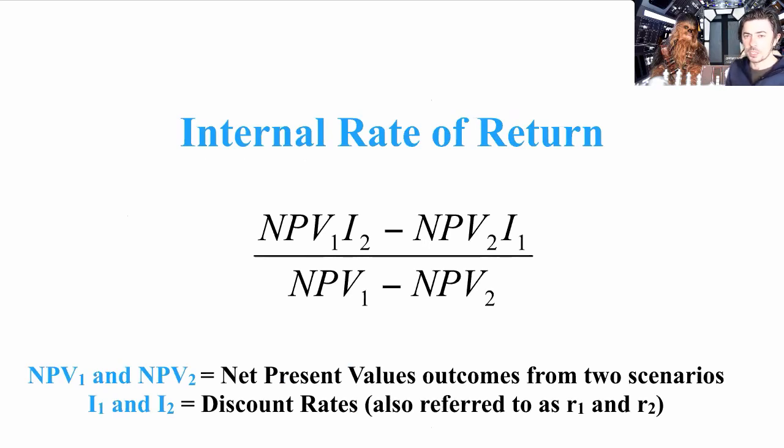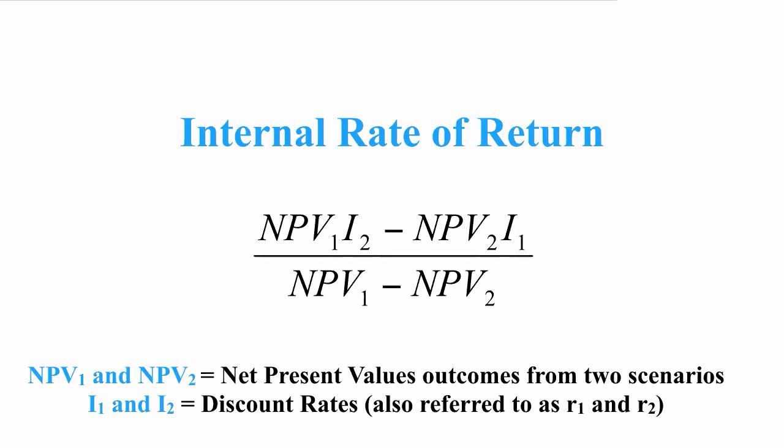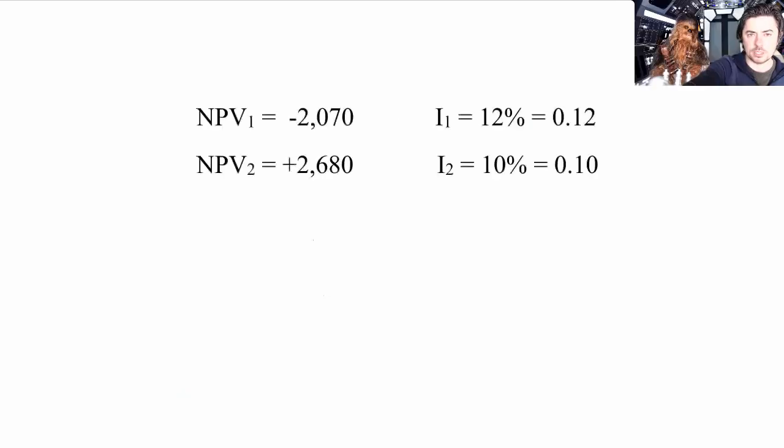Note the negative in the formula on both the numerator and the denominator. Make sure you take that into account, because sometimes the second net present value is going to be positive or negative, one or the other. So you have to treat that with your basic mathematical rule: a minus times a plus is a minus, and a minus times a minus gives you a plus. But we'll worry about that when we see it in the next scenario.